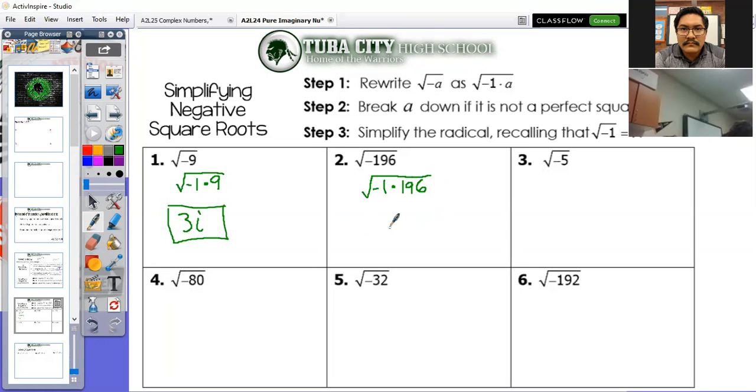So I'm going to take out the i, the square root of -1. And I'm going to take the square root of 196, which is 14. So we got our final answer of 14i.